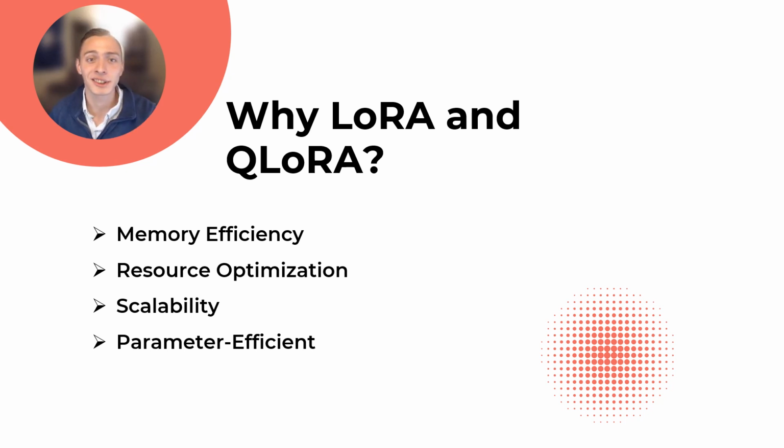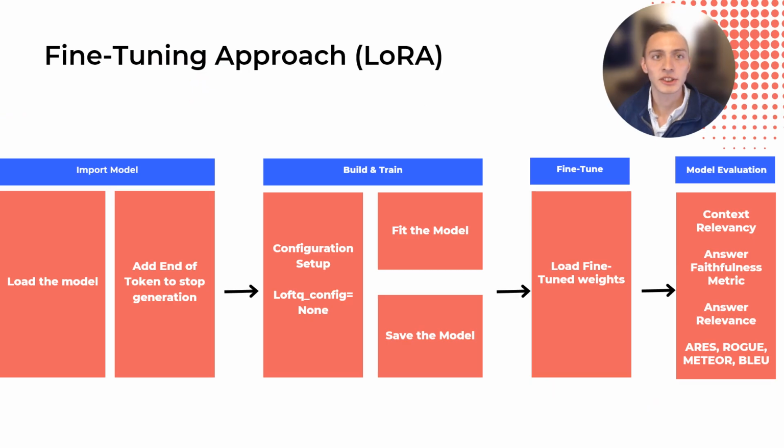Both techniques are designed with scalability in mind, making it easier to handle larger data sets and models. Lastly, they are parameter efficient, meaning we can fine tune our models with minimal adjustments, leading to faster training times without compromising performance.